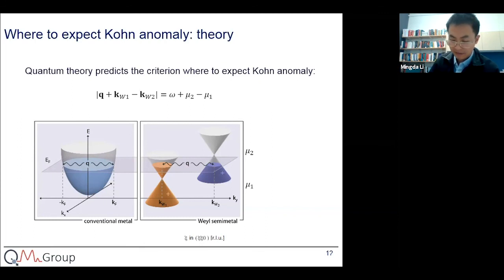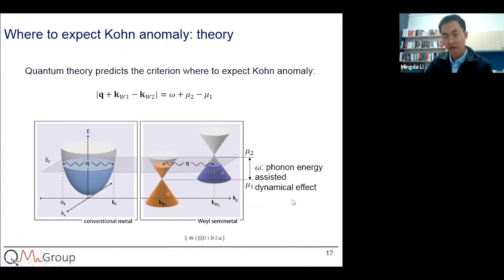After some quantum field theoretical polarization calculations, we get a very simple criterion. Assume we have two different Weyl cones, two singularities located in momentum space at kW1 and kW2. If a phonon with wave vector Q links them together, and the phonon energy also assists the transition, it will generate the Kohn anomaly. This phonon energy assistance is due to a dynamical effect.